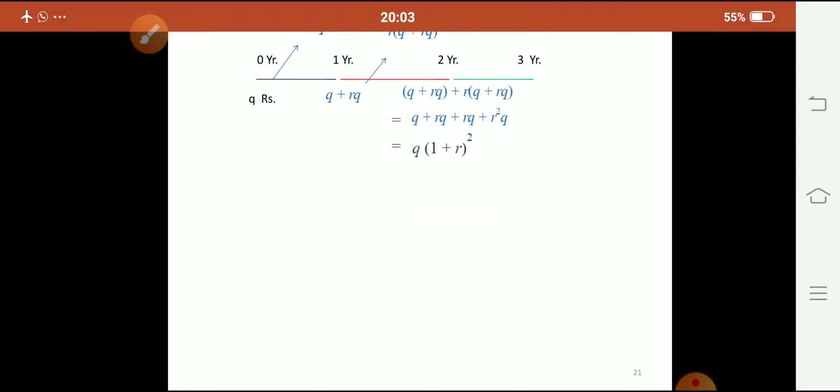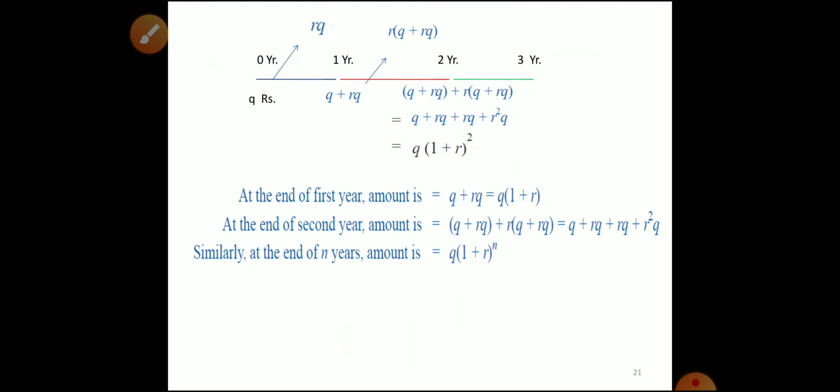The interest on Q is R times Q, which is considered here, and again we invest this amount Q + RQ in the bank and earn interest on that. So at the end of the second year, we get the amount equal to Q(1 + R)^2.